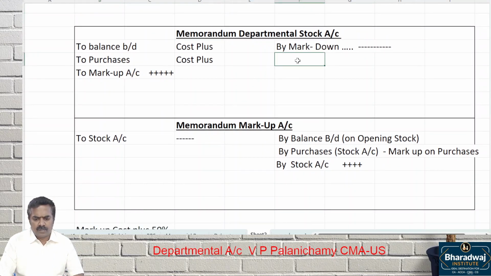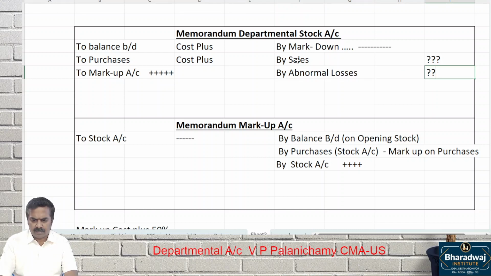Then in the memorandum stock account, what do we record? Sales. Whatever the sales are, we record. Then abnormal losses, because it's a reduction of stock, we record. Then we record closing stock.